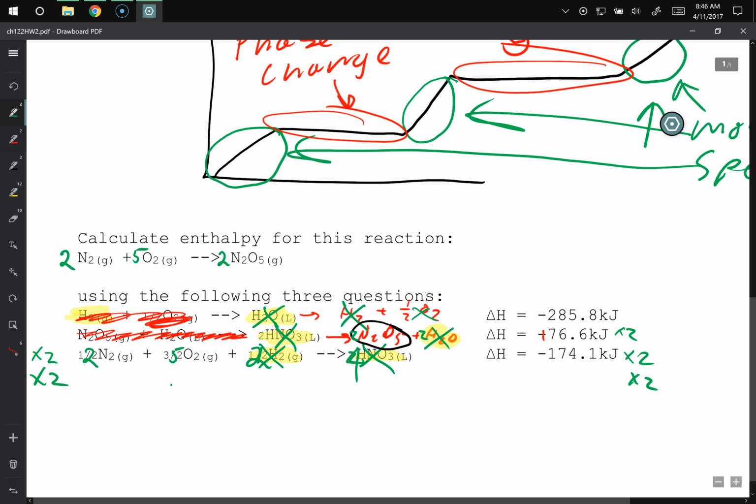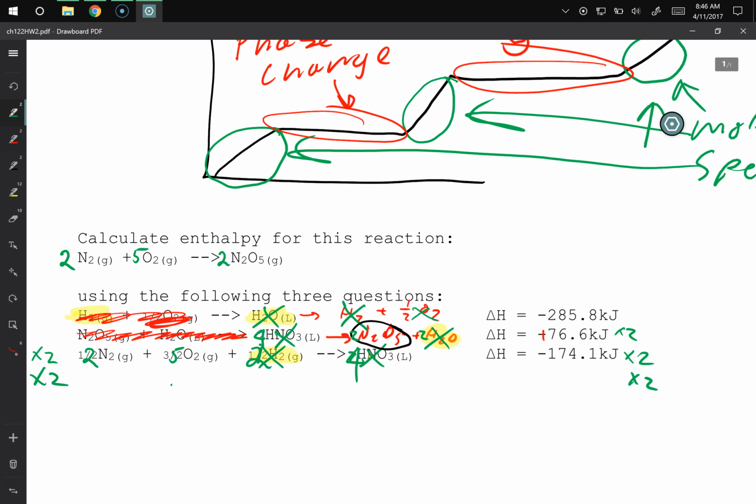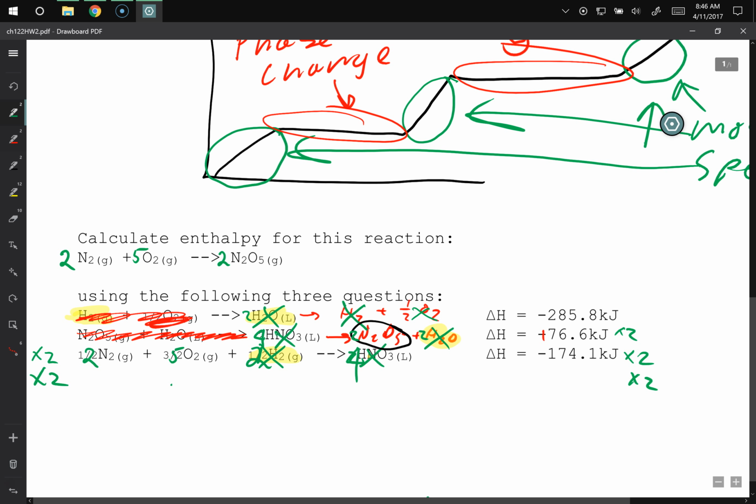That becomes a 2. And this becomes a 4. And so then I can go ahead and cancel out these guys. So they cancel. And if I double you and you and you, that cancels one out, makes it a 4. And the water still cancels out.